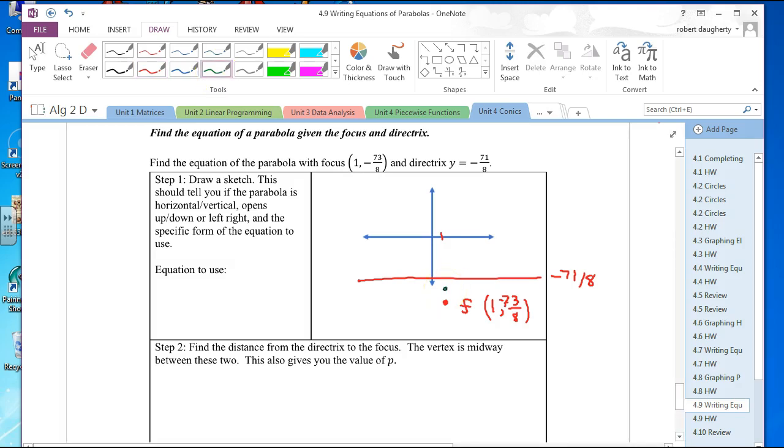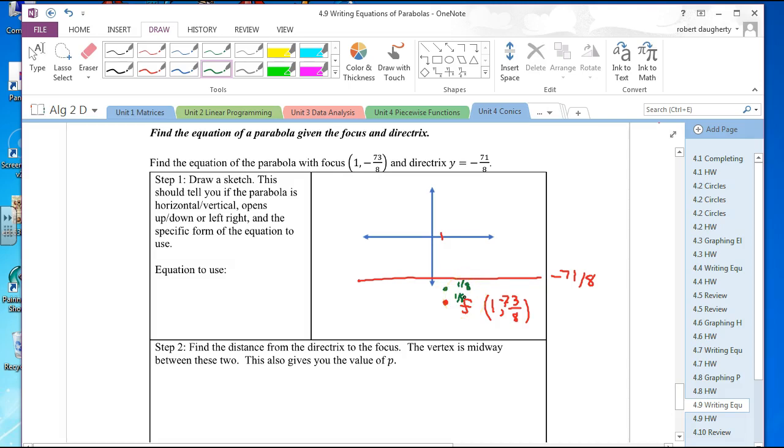How far is it from 71/8 to 73/8? 2/8. So the distance between the focus and the directrix is 2/8, which means there's 1/8 from the focus to the vertex and 1/8 from the vertex to the directrix.